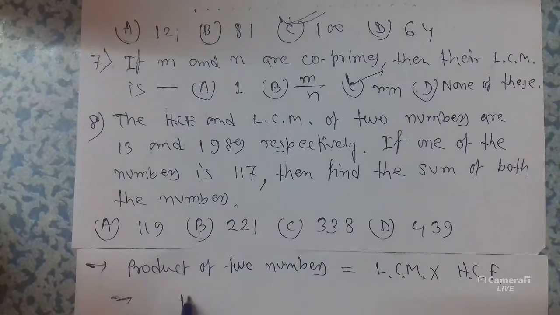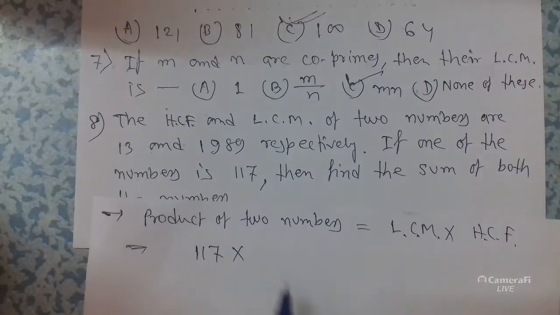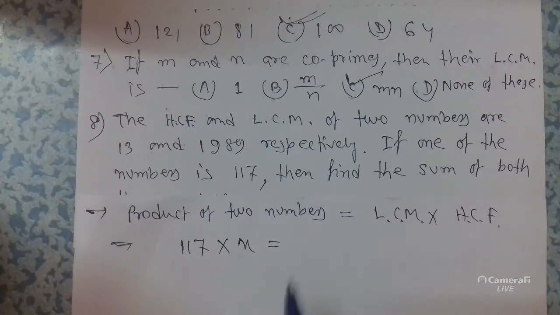So one number is given, that is 117, and let another number be X, and LCM is given 1989 and HCF is 13. Now calculate it.